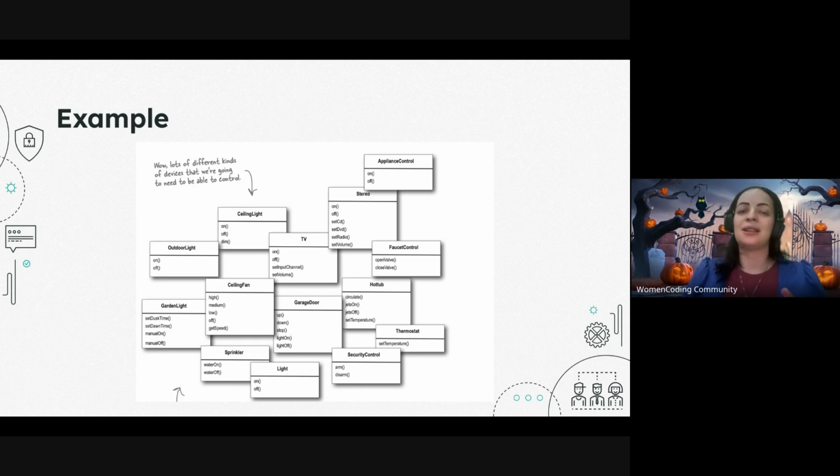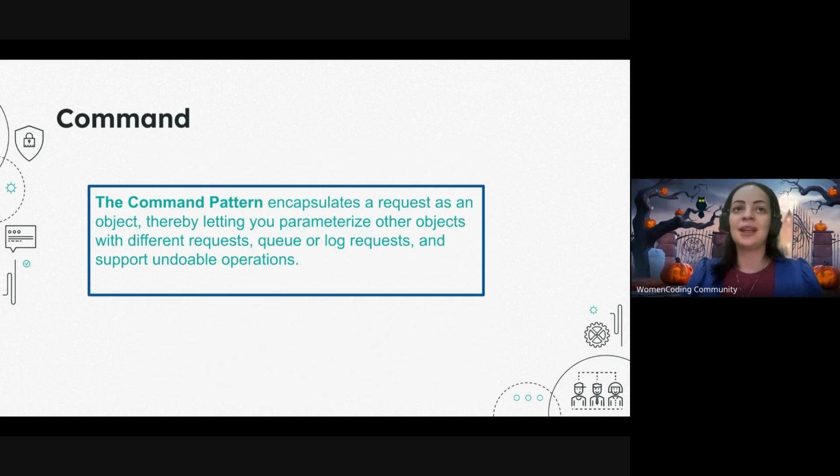So let's say that on and off could be responsible for one interface, which looks like command. So we come to the idea of the command pattern, which encapsulates the request as an object and lets you parameterize other objects with different requests.